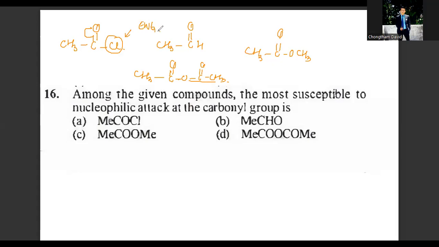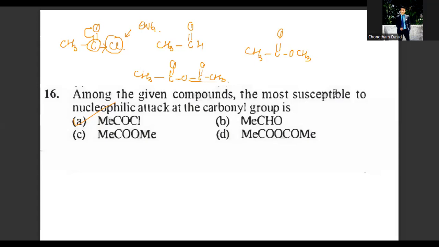So this carbon will develop a partial positive charge once chlorine pulls the electron towards itself. So the answer will be A.